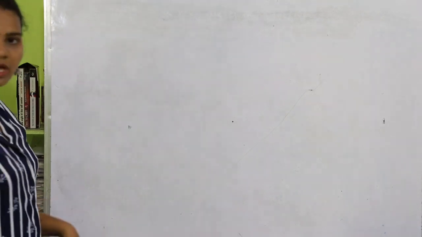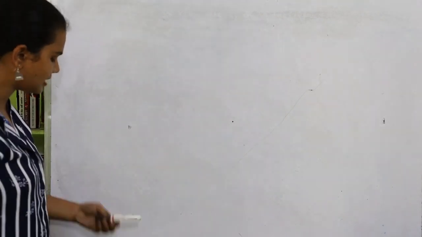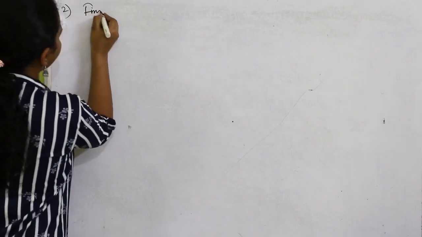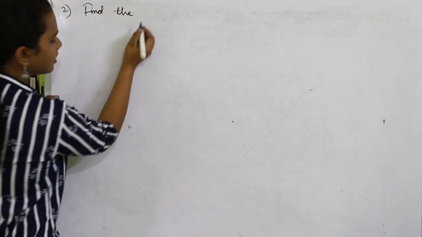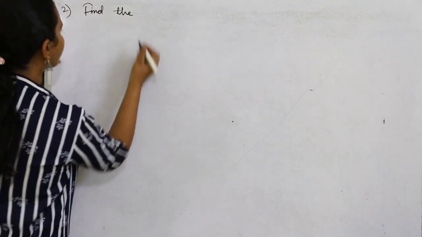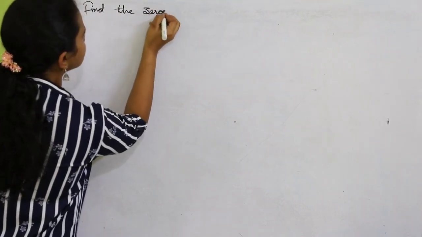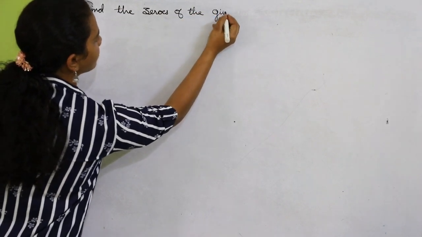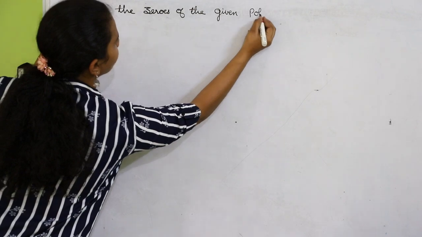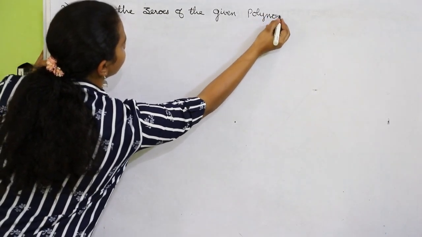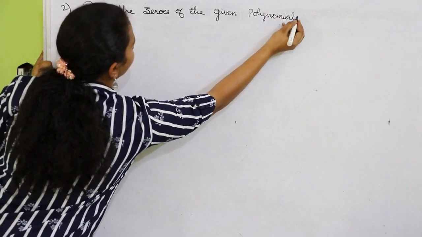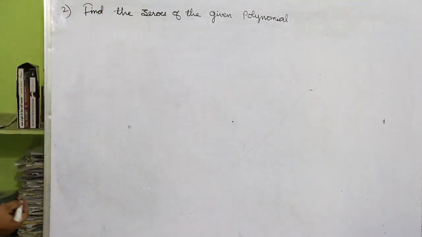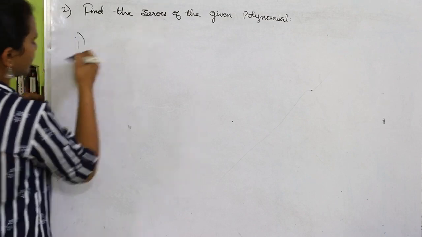Let me write down the question: find the zeros of the given polynomial. So what are the given polynomials? Let me solve the first one.